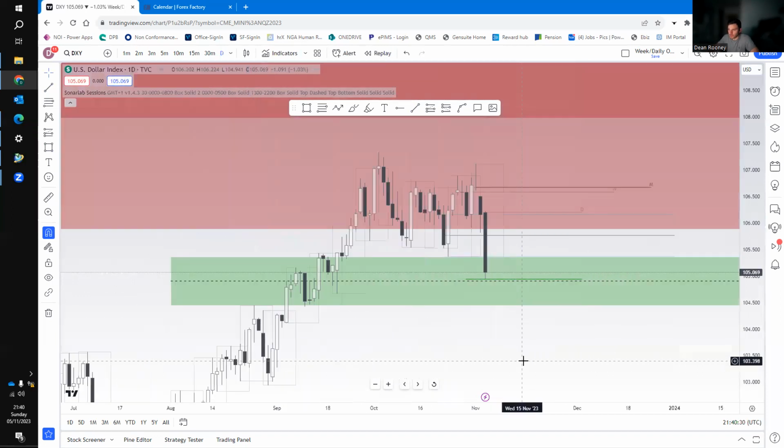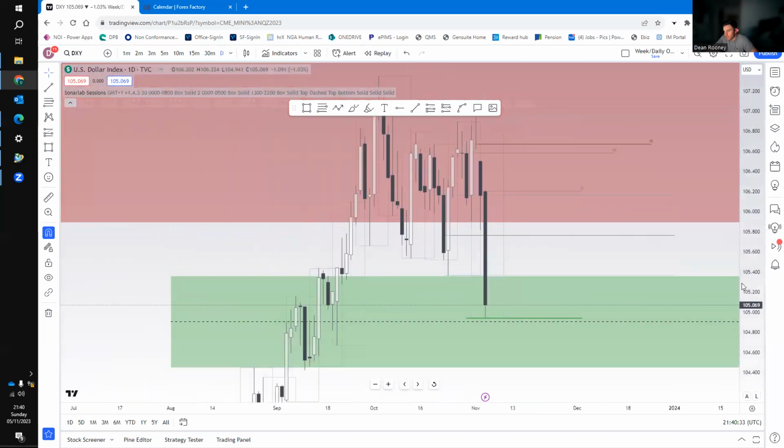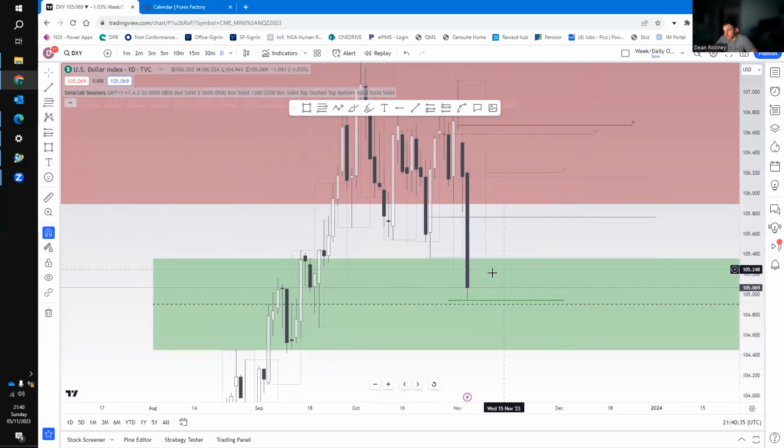So if I go down to the daily, it would be interesting to see if before we trace back up into here, we perhaps run that low. Maybe we come down here, we make a new low, and then we retrace back up into this sort of area.